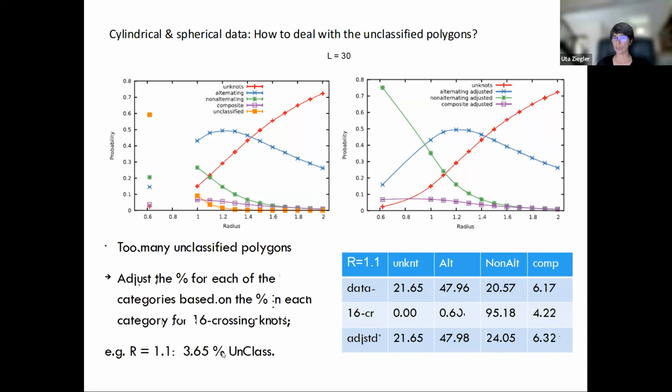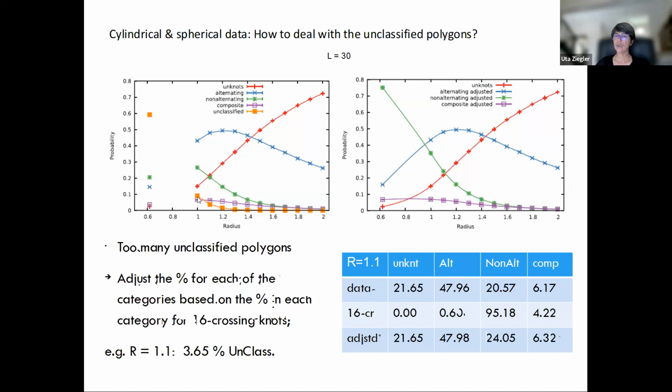So what we ended up doing, we looked at radius, and we did this for the cylindrical data and for the spherical data between radius 1 and radius 1.5. So for radius 1.1, we had about 3.65% unclassified polygons.